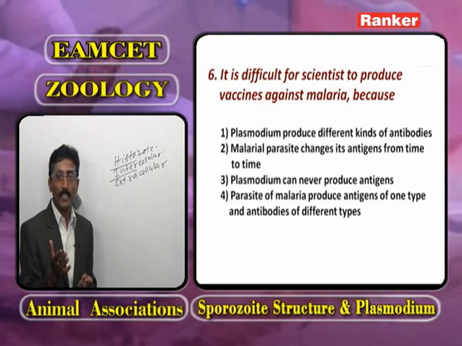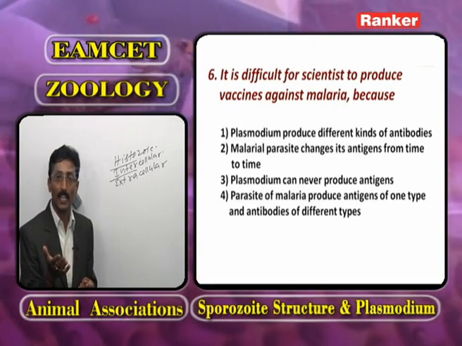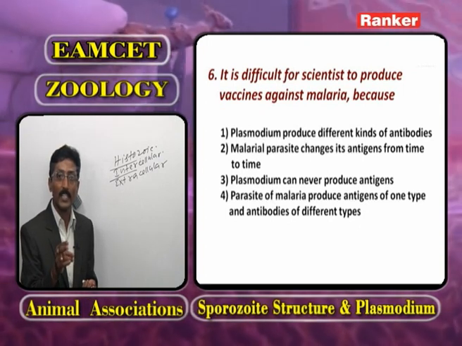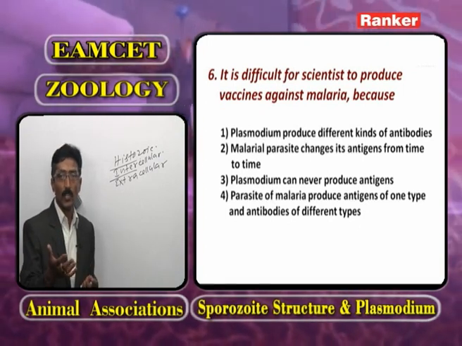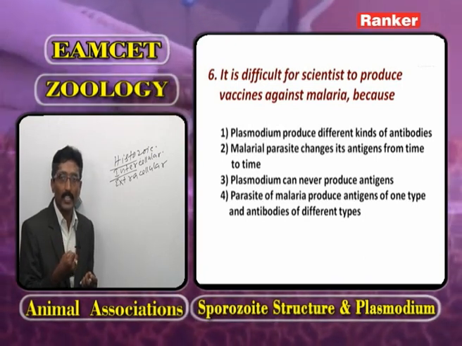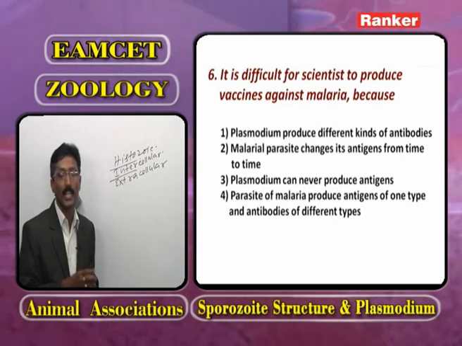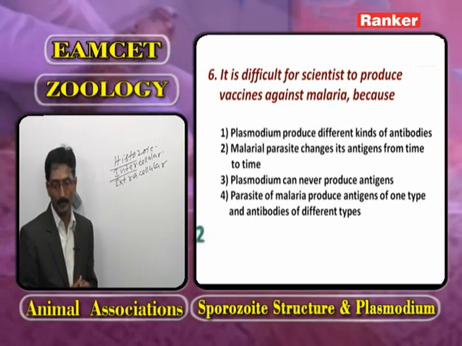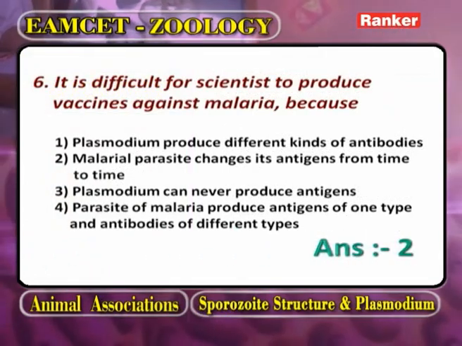What are the antigens? Schuffner's dots, which are red. From time to time the intensity of antigens varies, so it is difficult for us to prepare a correct antidote against malaria. So the correct answer for this question is the second one. Now we go for the next question.